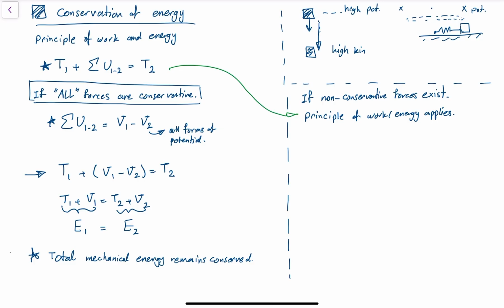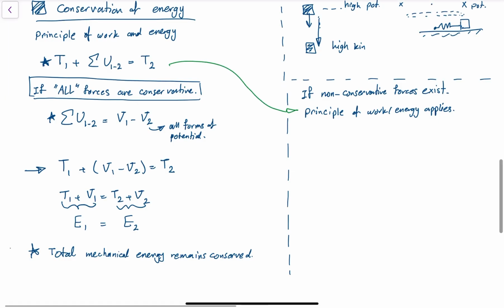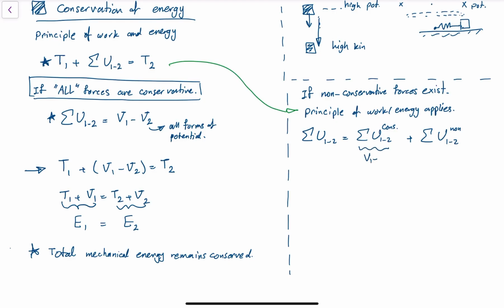But if you want to be fancy and cute, what you can do is separate the total work into the work of conservative forces plus the work of non-conservative forces. And as we saw, this is V1 minus V2, exactly the same thing as you did before.